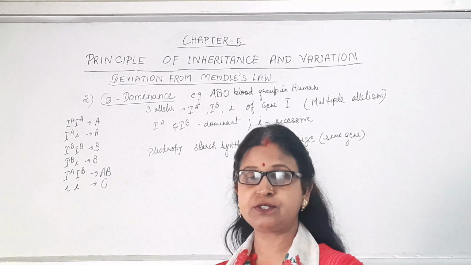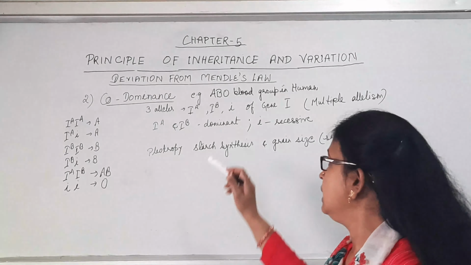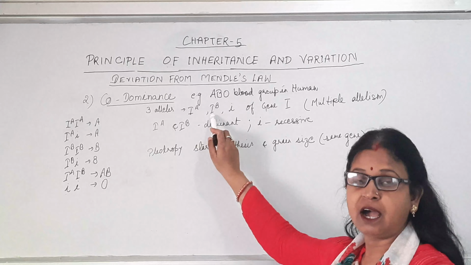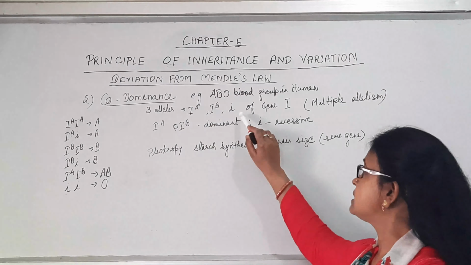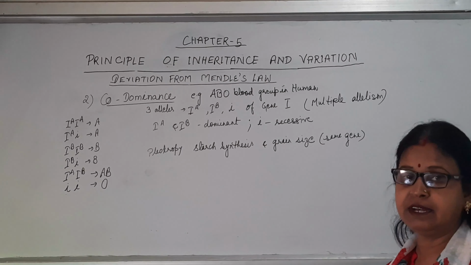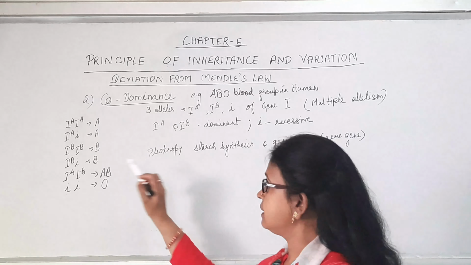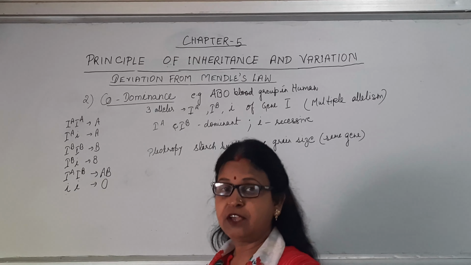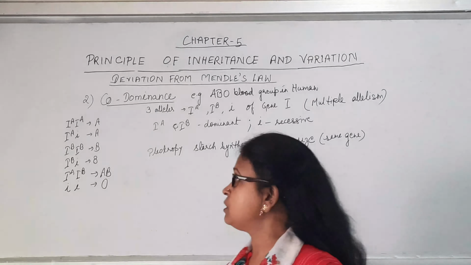That's why this case is also known as multiple allelism. Now IA and IB are the dominant alleles and this small i is recessive in nature. Now you can see here there are six types of possibilities. If the possibility is IA IA, that means both the alleles are of the same type, that is homozygous condition.